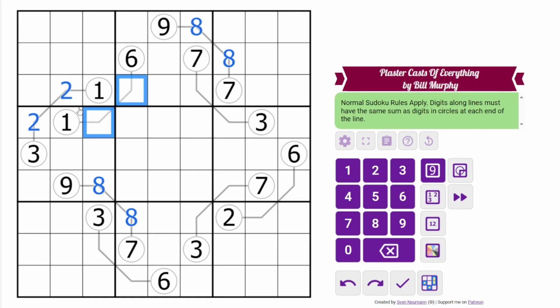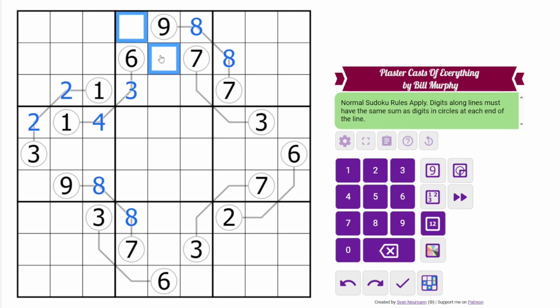This one has more options, but it is resolved because of the 1, 2 here. So we can't have 1, 6 again. We can't have 2, 5 because both of these cells see 1 and 2. So it must be 3, 4, and there's a 3 here. So that's resolved.